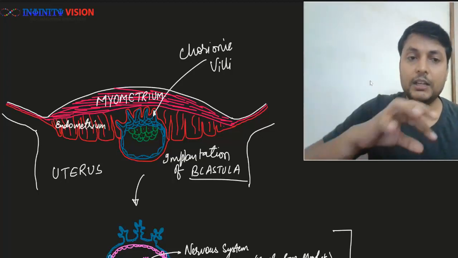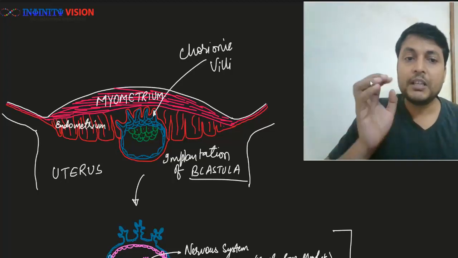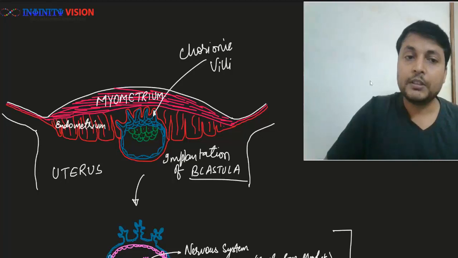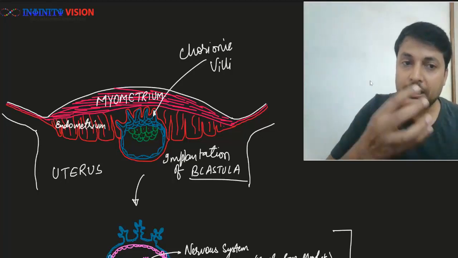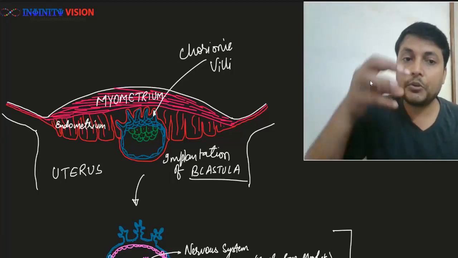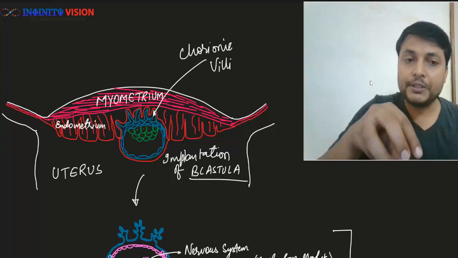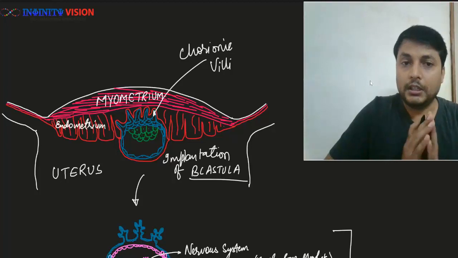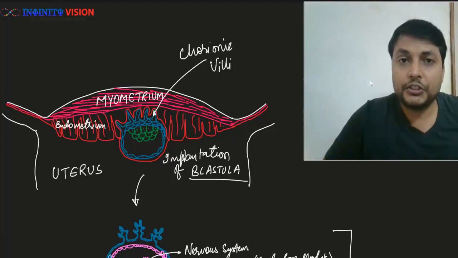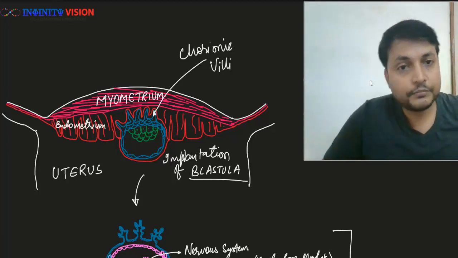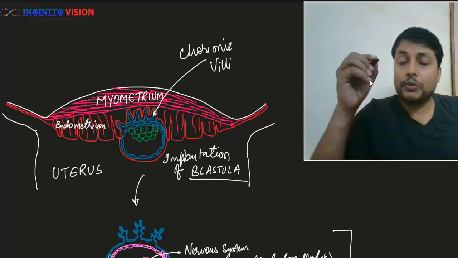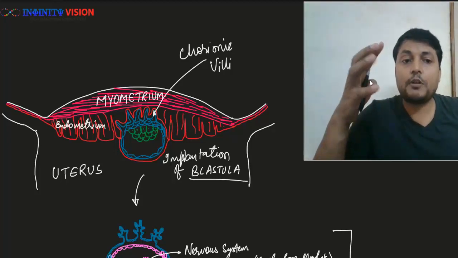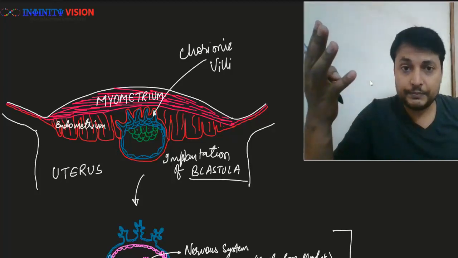While degrading the endometrial tissue, it made a pit for itself, the embryo got dipped into this pit, and then it was covered again by uterine tissue, completing implantation. So we know what chorionic villi are: finger-like projections formed by the trophoblast cells.